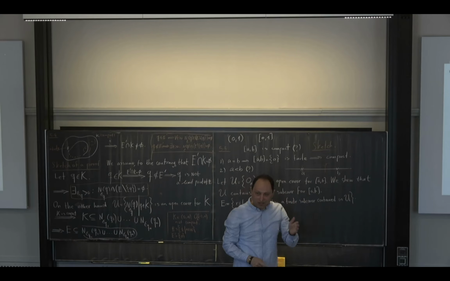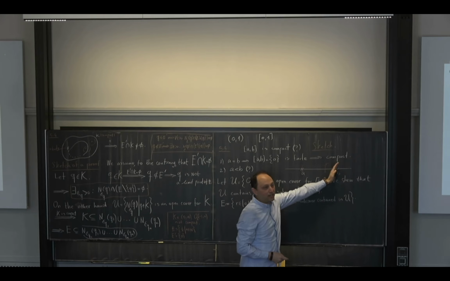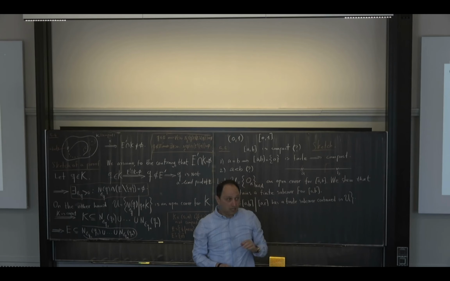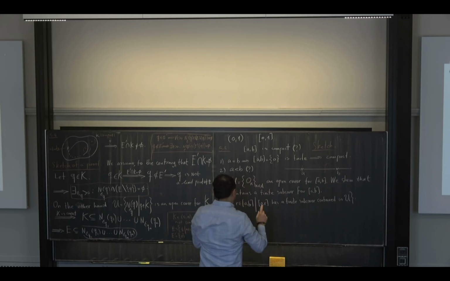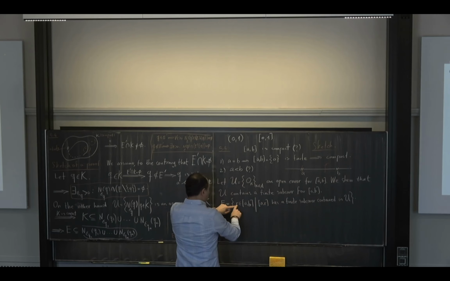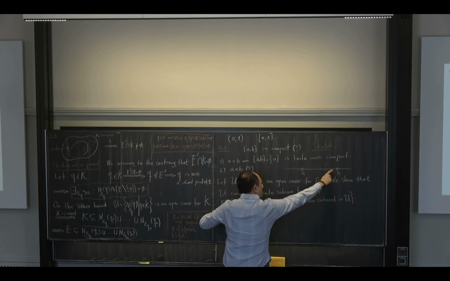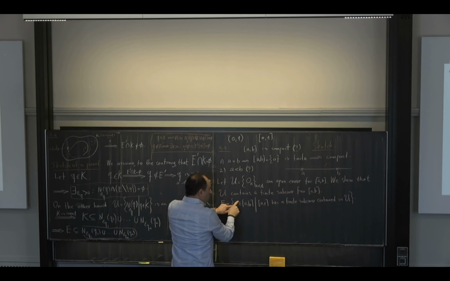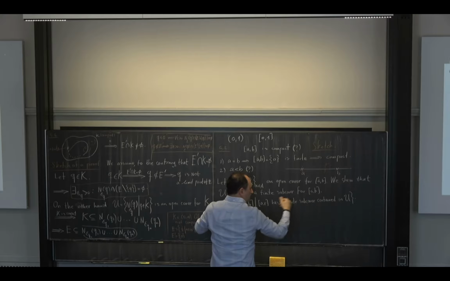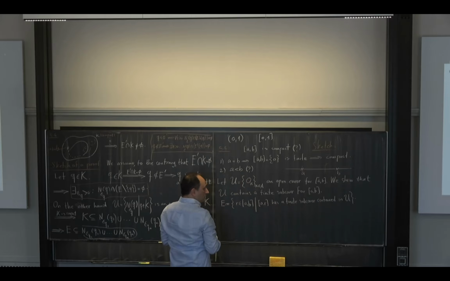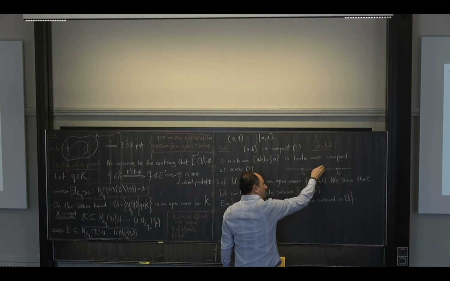And then at the end, I will show you that this R is exactly B. I can go at most to B, so I can reach B. So from the numbers on this interval, I pick only those R such that if you start from A and end at that R, this is guaranteed to have a finite subcover contained in U.